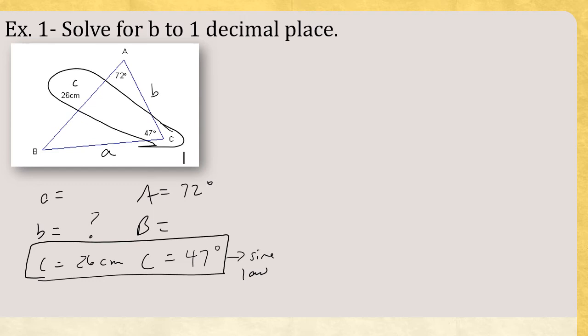That is your visual cue from the picture to use sine law. So we're looking for a side, right? We know we're looking for a side because it's a lowercase b, so let's start there. b over sine B equals. Now what it equals is what you drew the box around, or the letter that you have the complete ratio. You have both pieces of information, which in this case is c. So c over sine C.